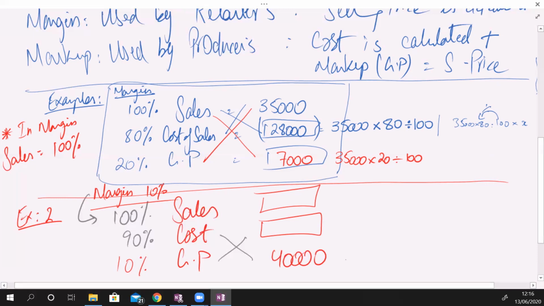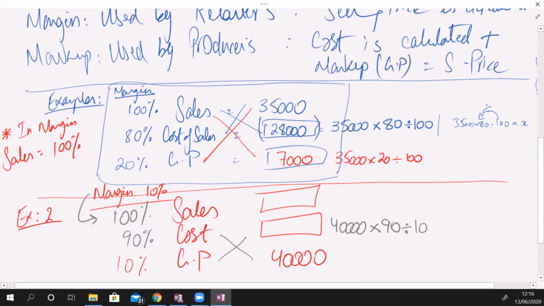Umair? Sir, 40,000 into 90, then divide by 10. Since GP was 10 itself, divide by 10 and multiply by 90 will give you the answer.